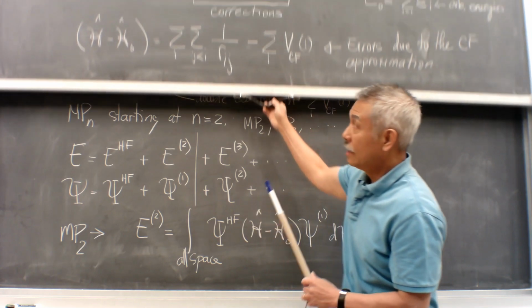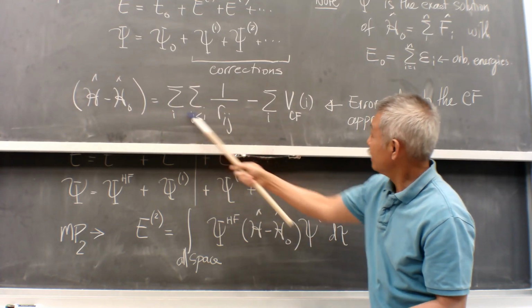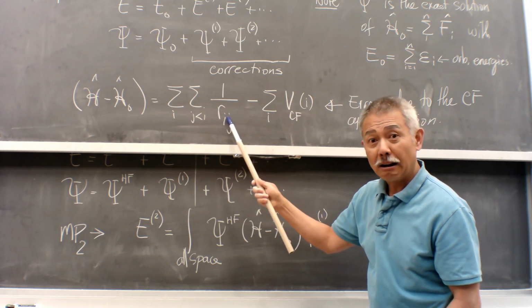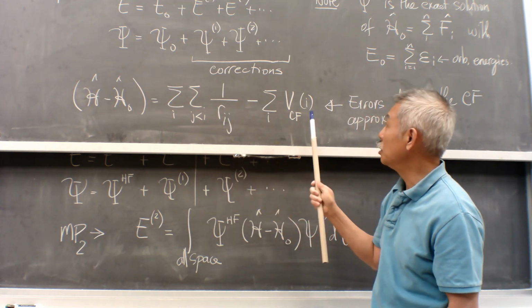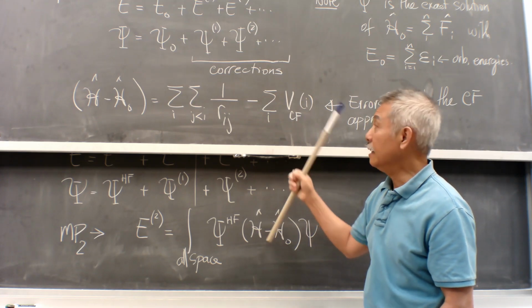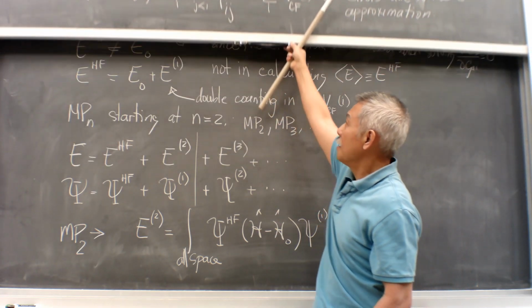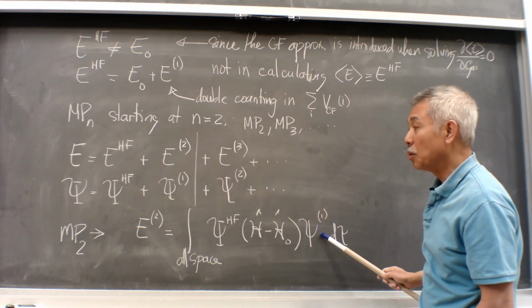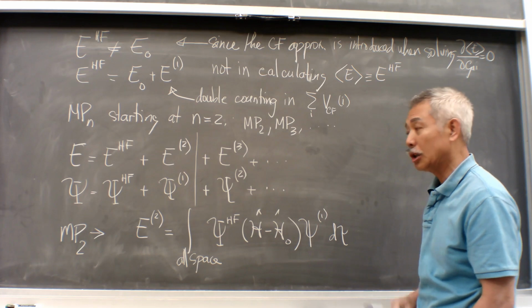So again, going back, that is these terms: the correct electron repulsions versus the central field approximation, and the first-order correction to the wave function integrated over all space.